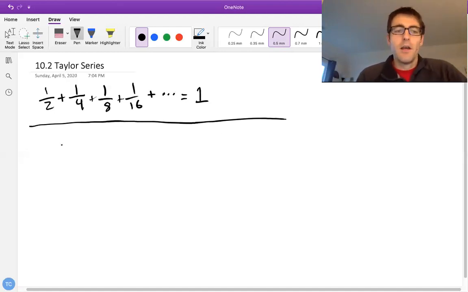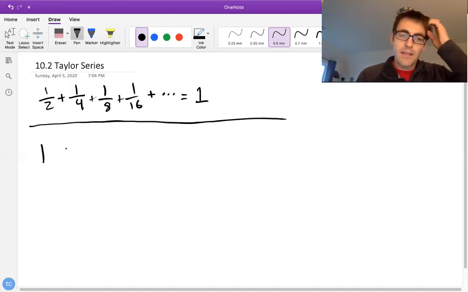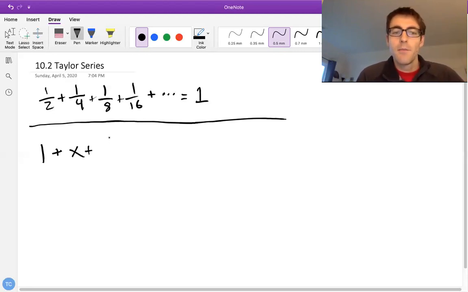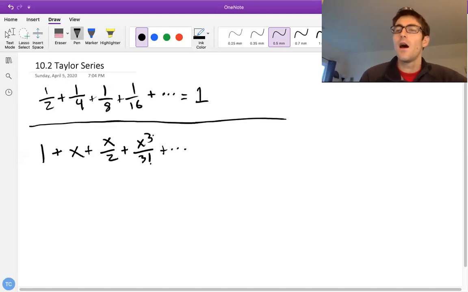So for example, you may recognize this Taylor polynomial, 1 plus x plus x squared over 2 plus x cubed over 3 factorial, etc. These first four terms, this third degree Taylor polynomial, is a really good approximation of e to the x.